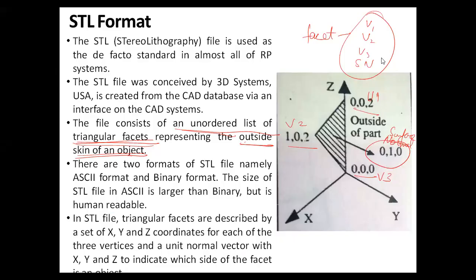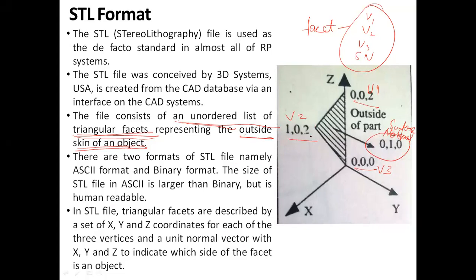If you can correlate, what happens basically is that the information is not going to be in a very structured format. It will be a random list. What you need to do in that random list is, if you want to identify which is the edge, like if this is another facet, so what is this common edge?